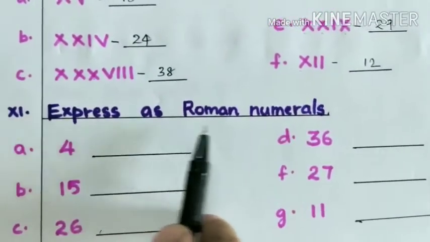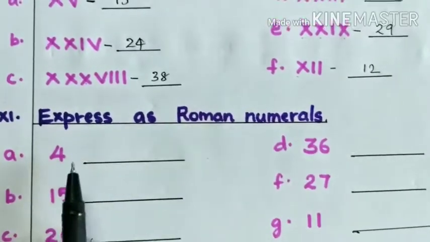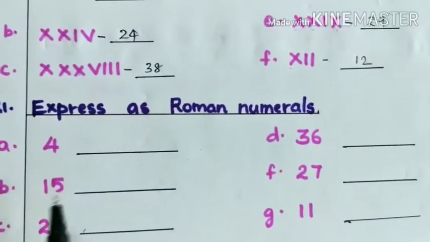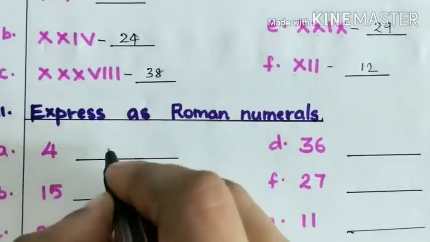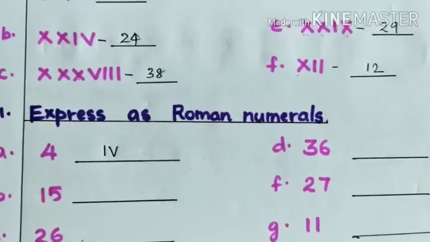Next, express as Roman numerals. Hindu-Arabic numerals are given. We have to write it as Roman numerals. 4. 5 minus 1.